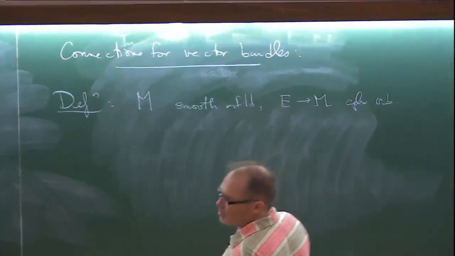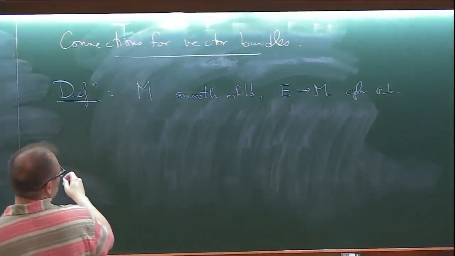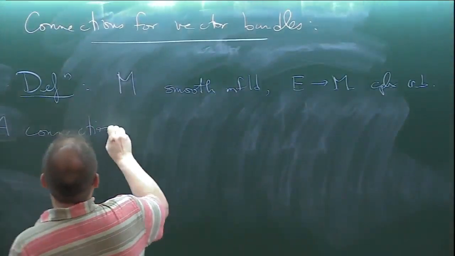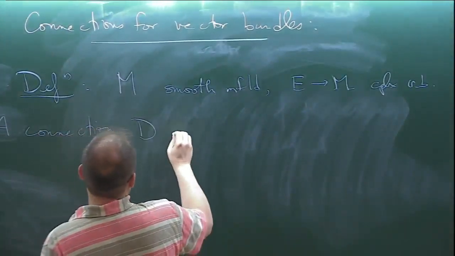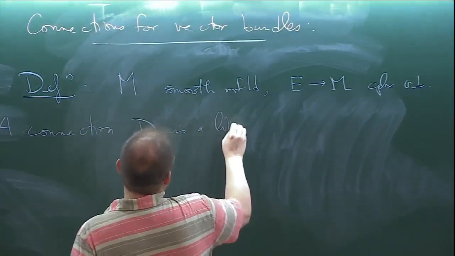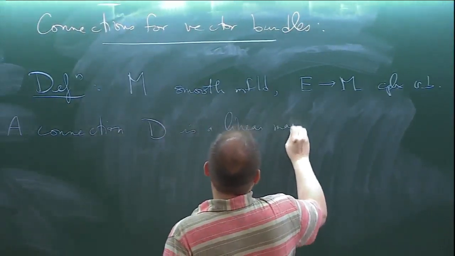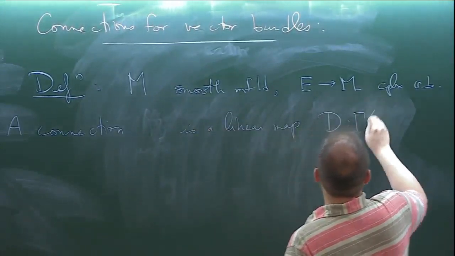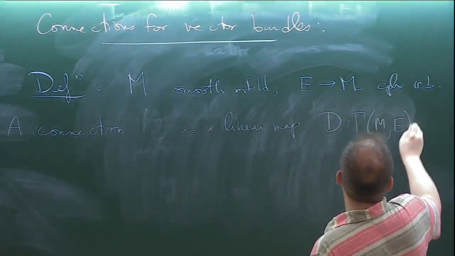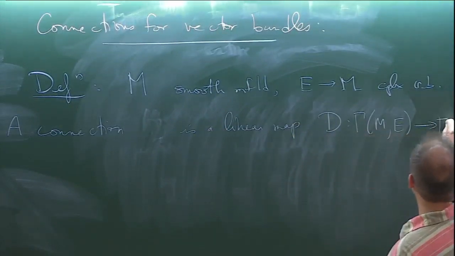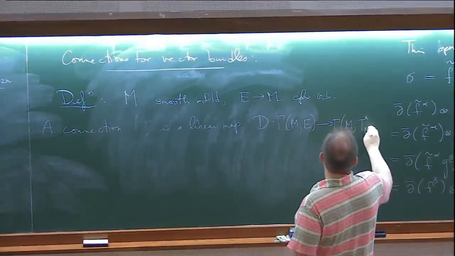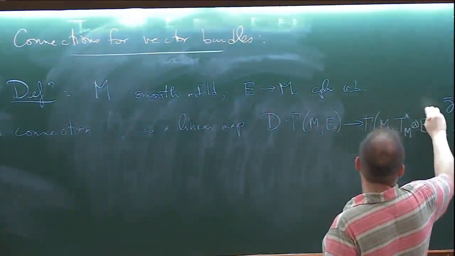There's no sense in which it can be holomorphic at this stage. So a connection D is a linear map D from the sections of E. It takes in a section and spits out a differential one-form with values in E, so a twisted form.